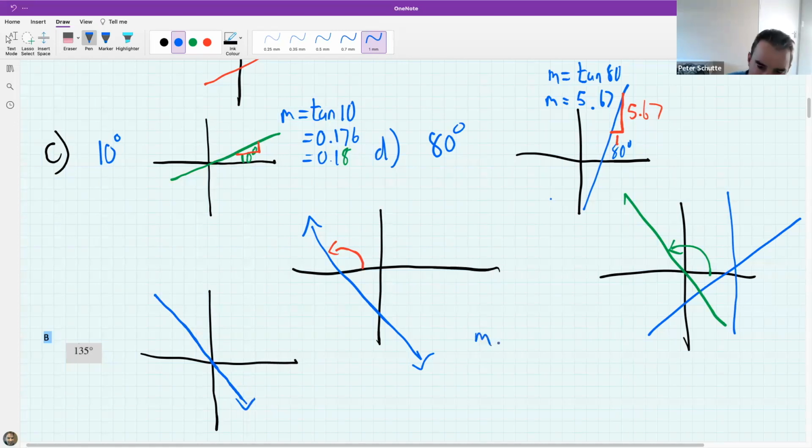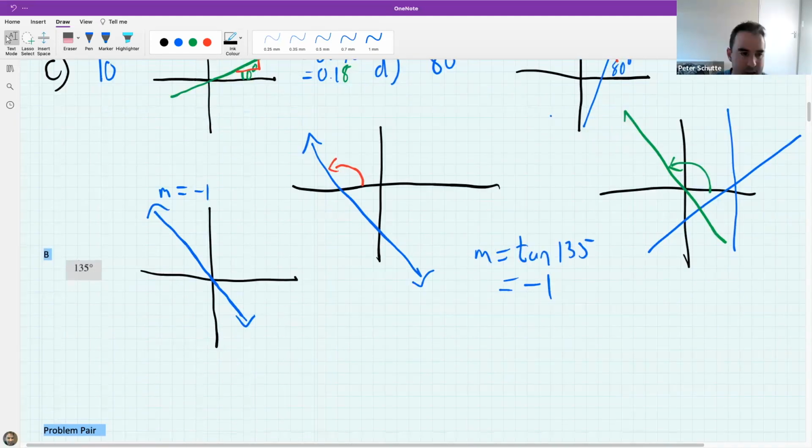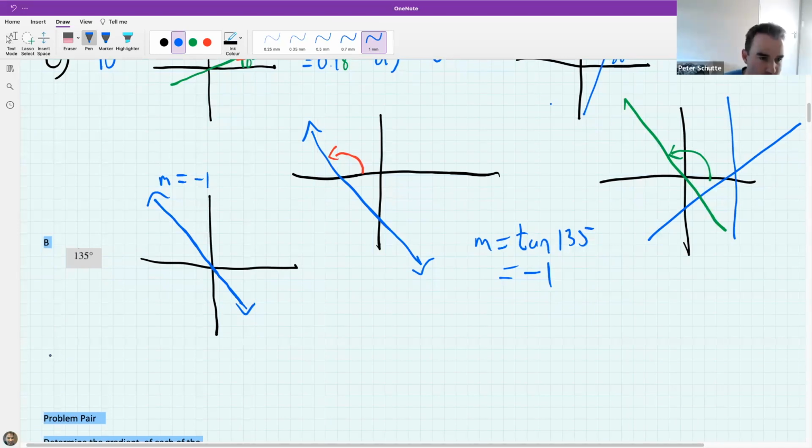So we just go, yeah, so it should be -1. And let's do one more. Let's say that I want to know the gradient if the angle of inclination is 160 degrees.